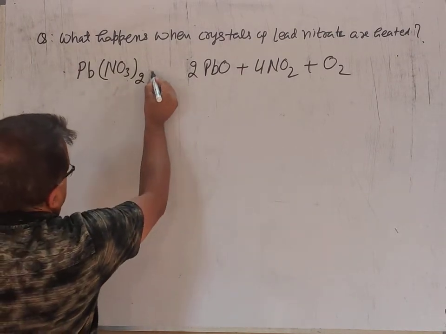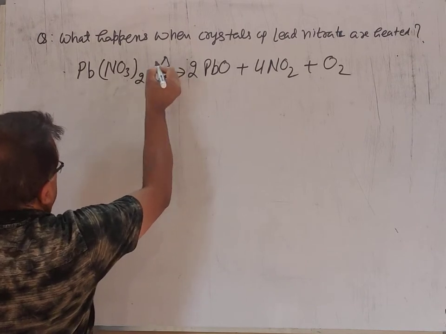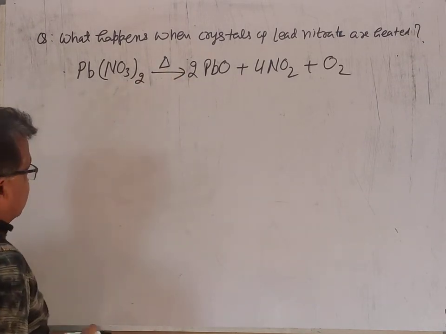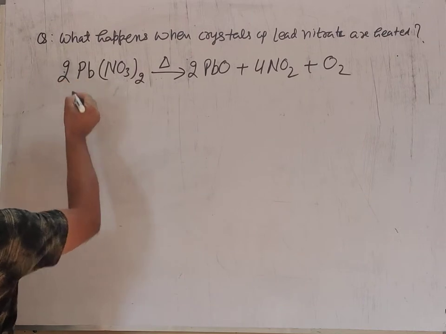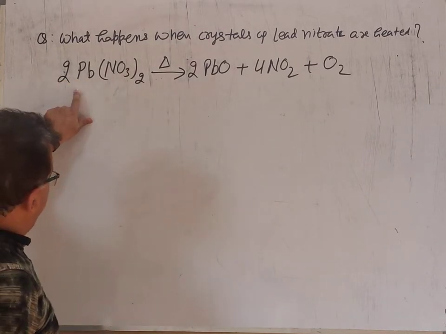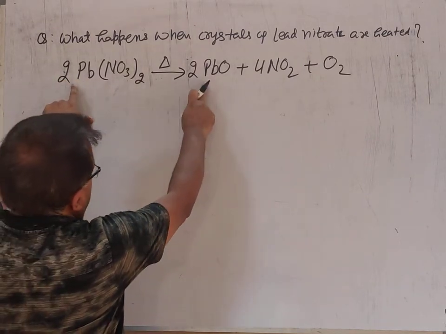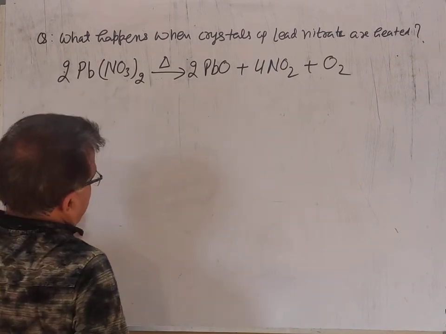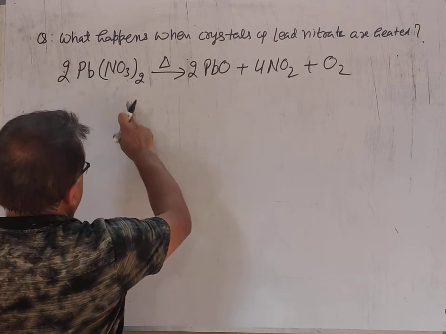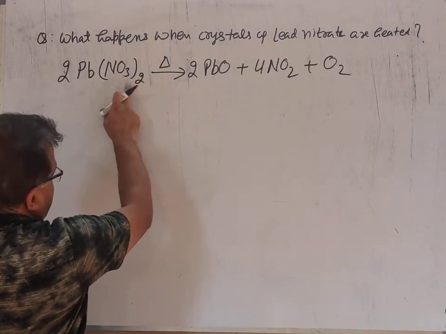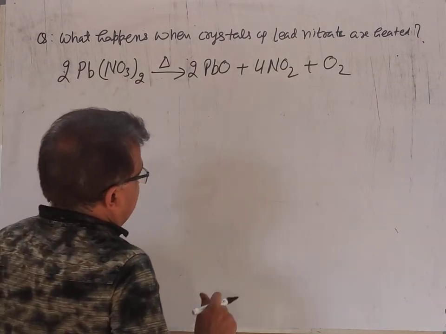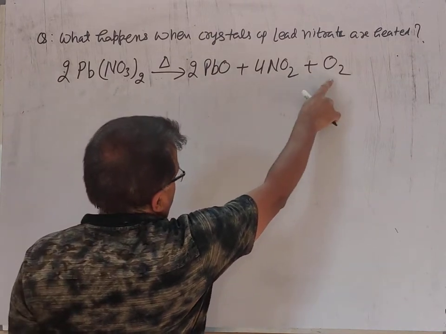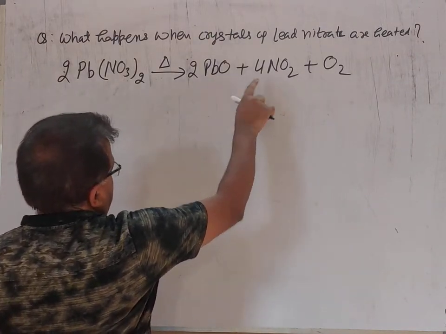And here we shall place the symbols. For balancing, it is 2. Lead is 2 and 2, N is 2 and 2 is 4, here it is 4, O is 3, 2 threes are 6, 2 sixes are 12, and these are 2 and 2 4, 4 and 8, 12.